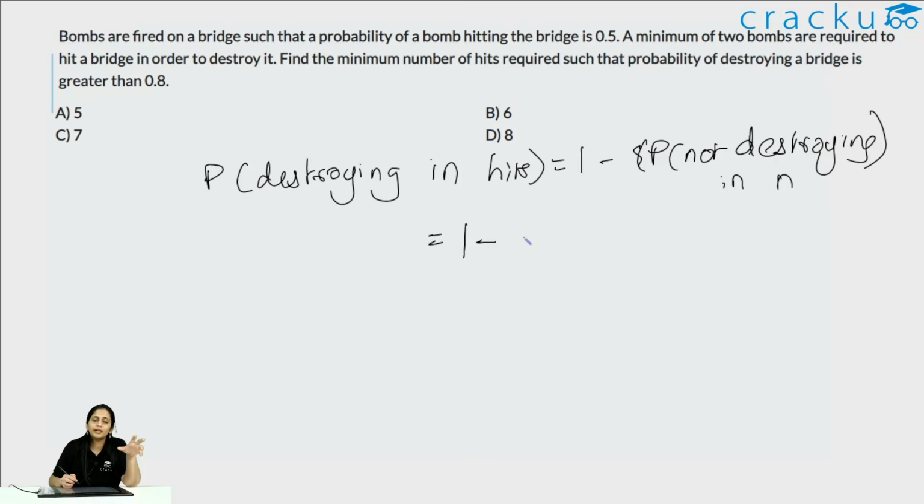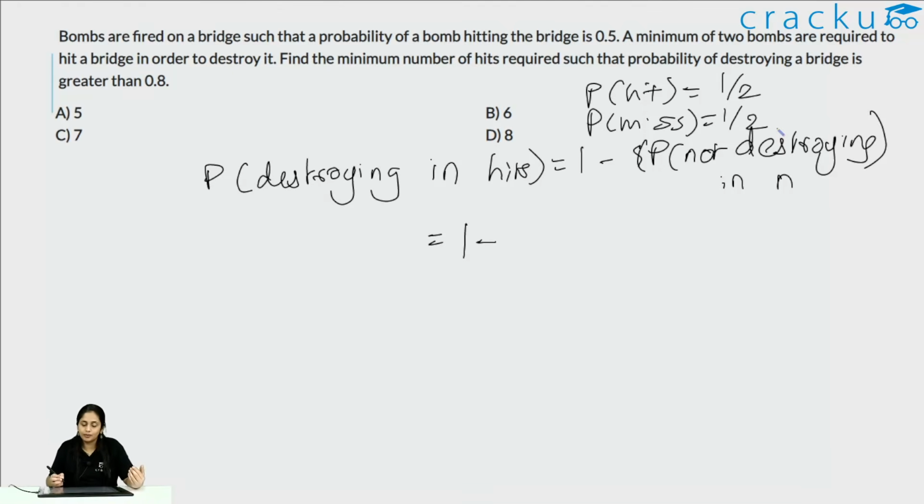The probability of hitting is 0.5, half, and the probability of missing is also half. So if it misses n times in a row, the probability of the bombs missing the bridge n times is half raised to n.